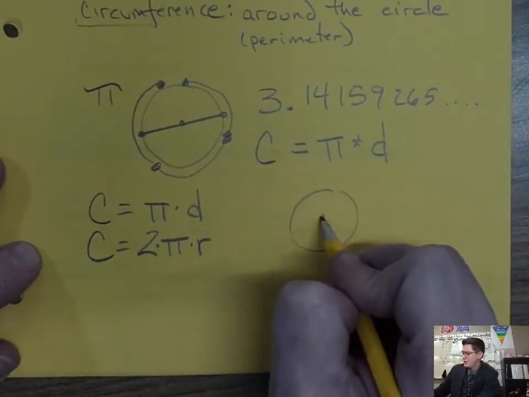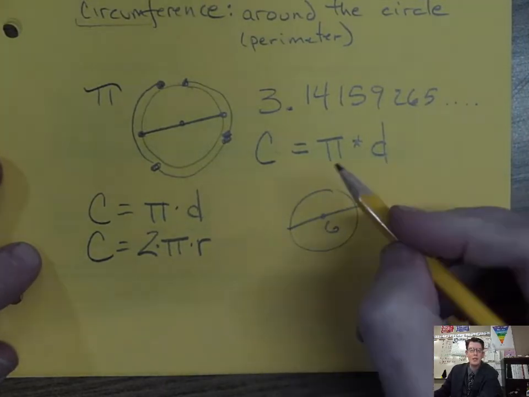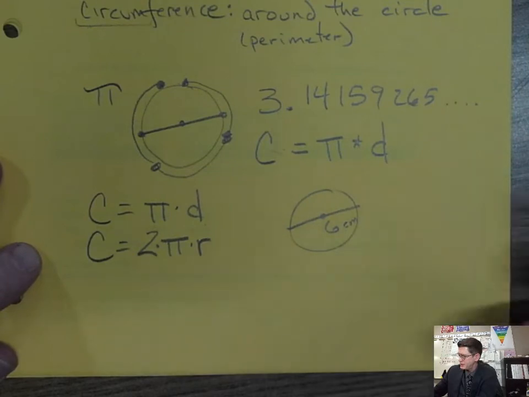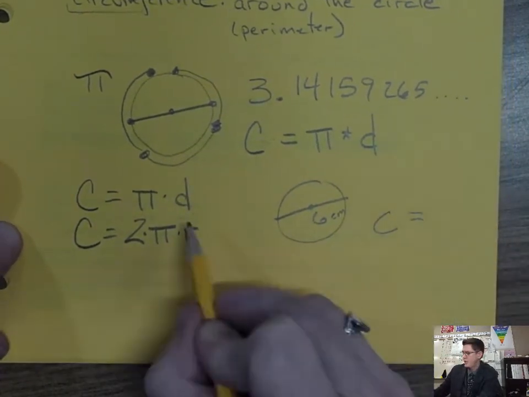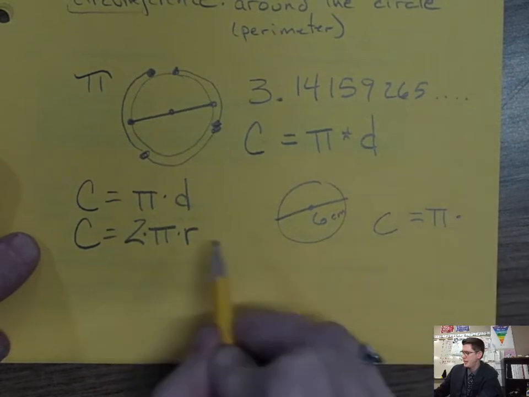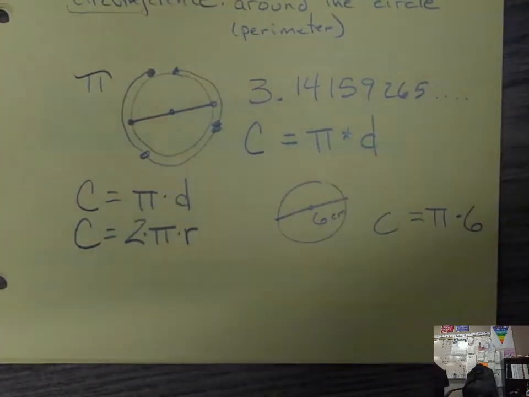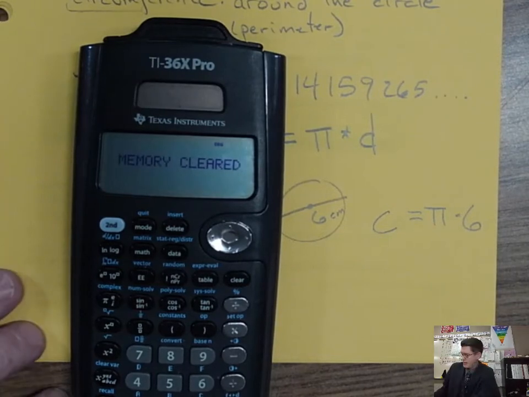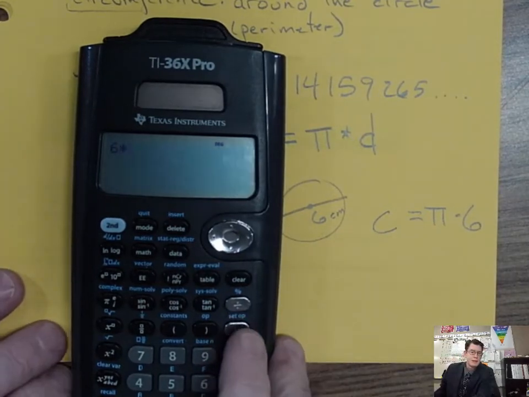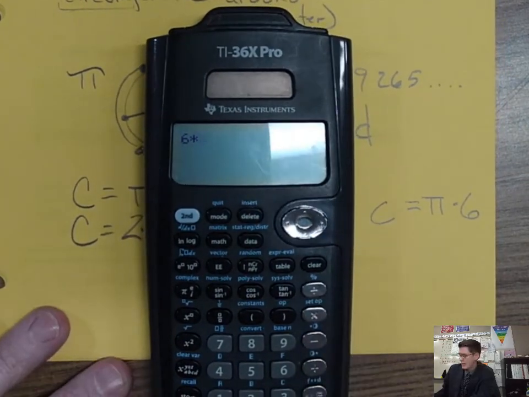So if I've got a circle here and the diameter is 6, let's say 6 centimeters, what is the circumference? Well, the circumference is simply pi times the diameter, or 6. So I get my calculator and I figure out what it is. I've got myself 6 times, and then where's the pi button?